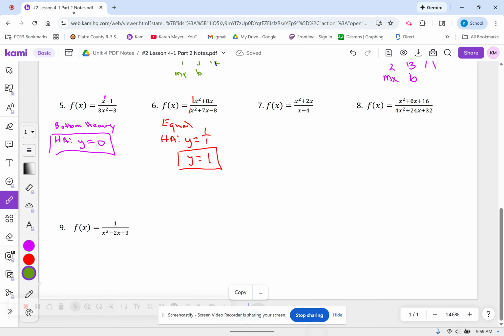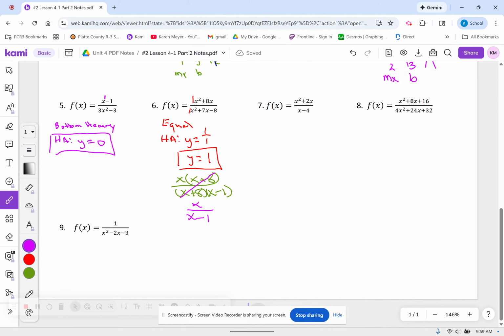So if I took out a GCF on the top and I had x, parentheses, x plus 8, and then I factored the bottom into x plus 8 and then x minus 1, and then I was like, oh, hey, look here, x plus 8 cancels out and I have x over x minus 1. If I use the simplified form of the rational expression, would I still get the same answer for either the horizontal or the slant? Okay, so let's test that theory.